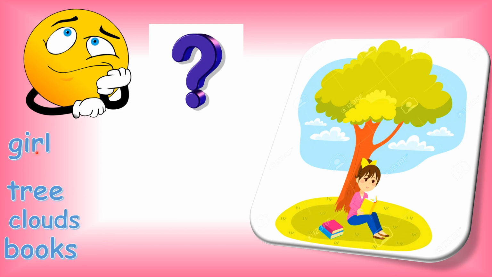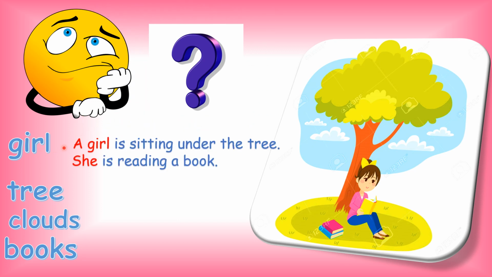Let's start with the girl. The subject is about whom we talk in a sentence. And the predicate is giving information about the subject. Now see, what is this girl doing? This girl is sitting under the tree. So, we can say, a girl is sitting under the tree.